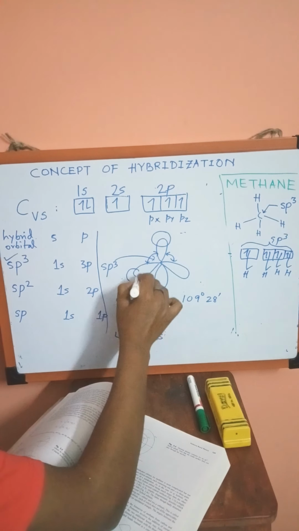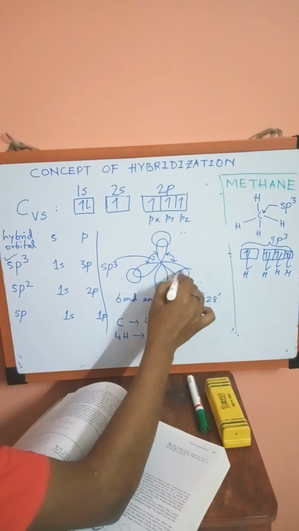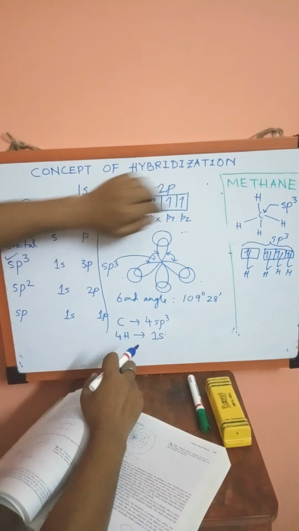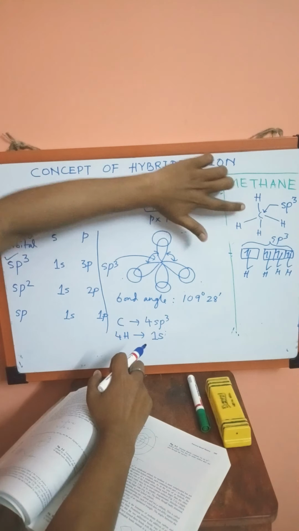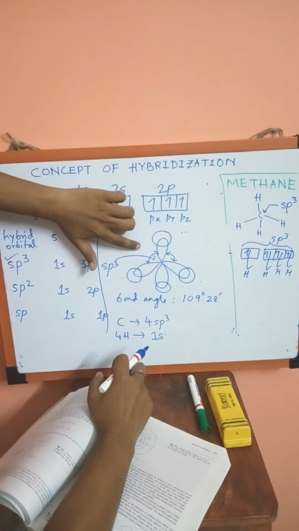That will result in a methane molecule, which by bond line representation you can find here, and by orbital representation you can find here.